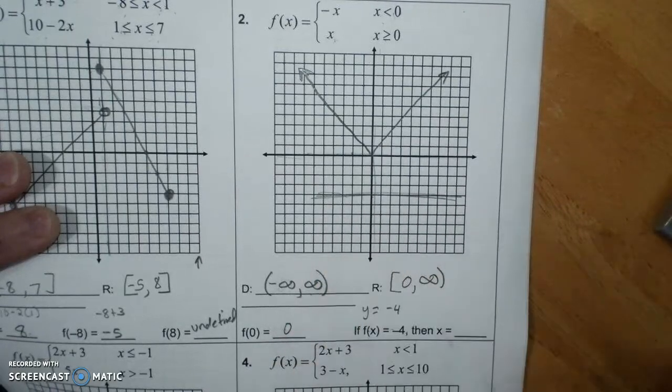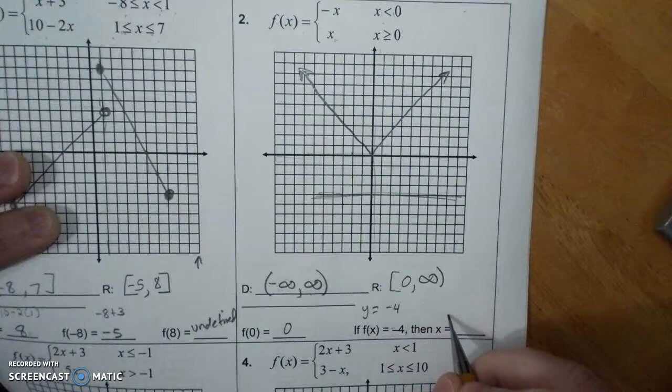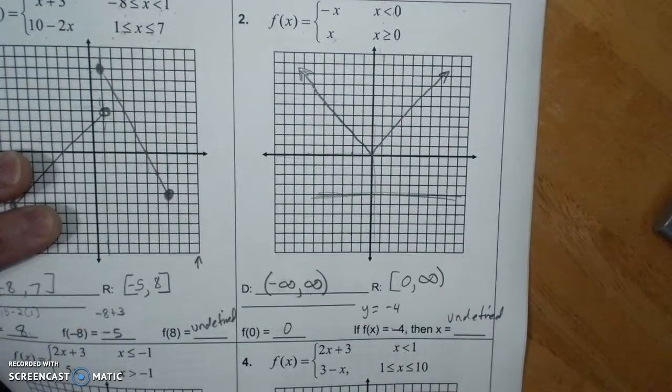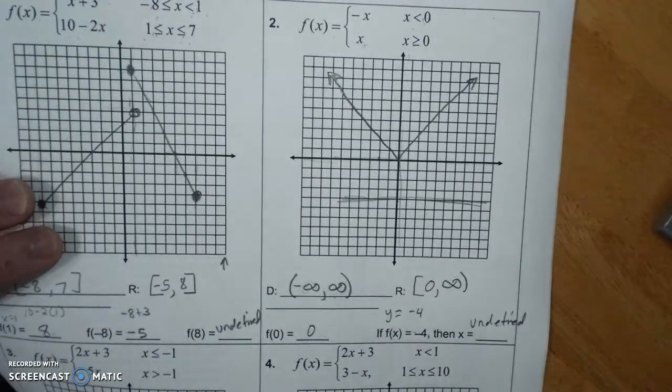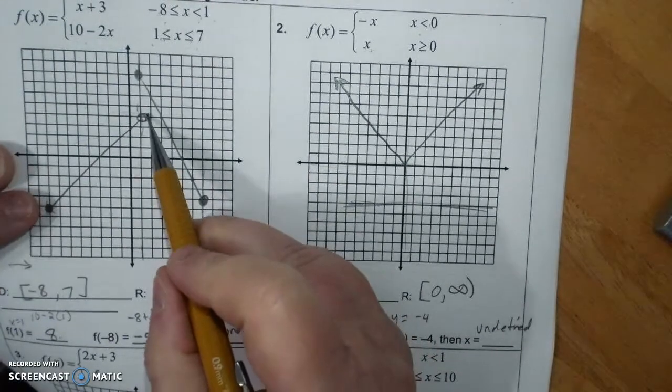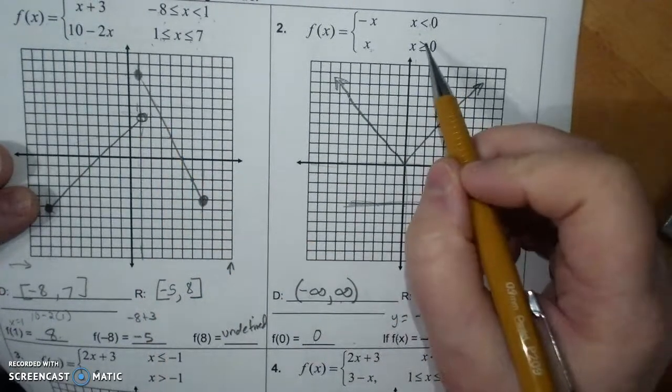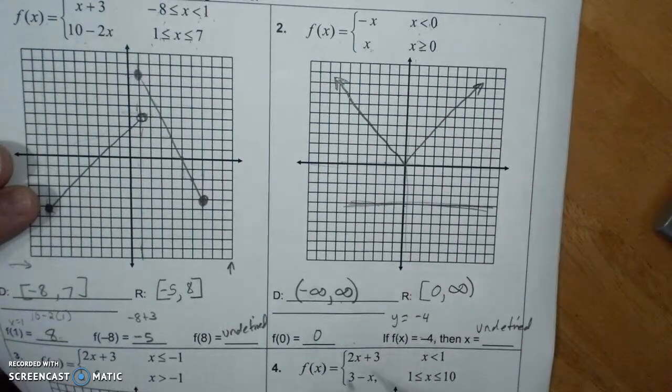I'm looking where does the graph hit there, and it doesn't. And so that is undefined. So as you're working through these problems, you have to pay attention to where your open dots and closed dots are. You can evaluate through here, especially on the f of x's.